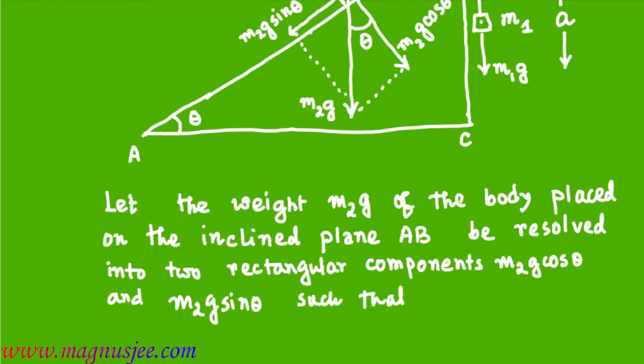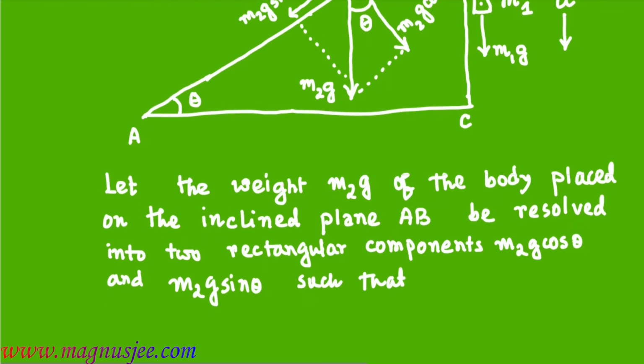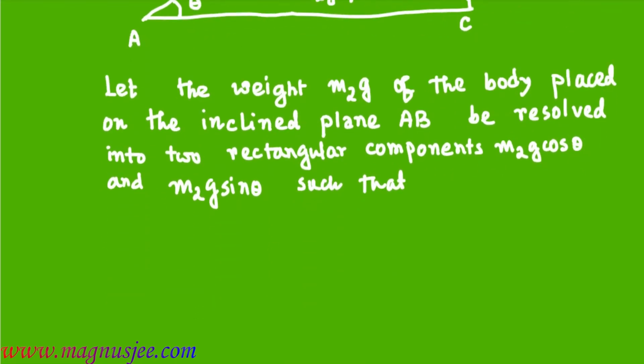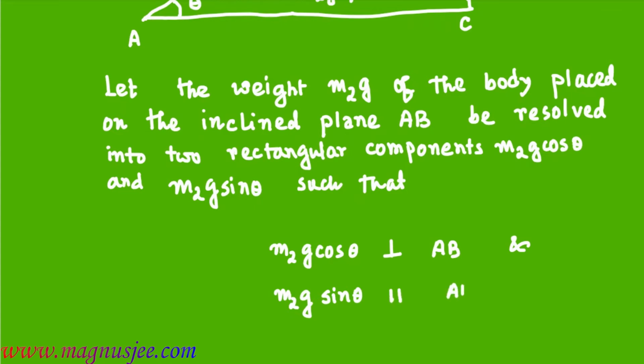Such that the m2g cos theta component is perpendicular to the inclined plane AB. m2g sin theta is parallel to the inclined plane AB.